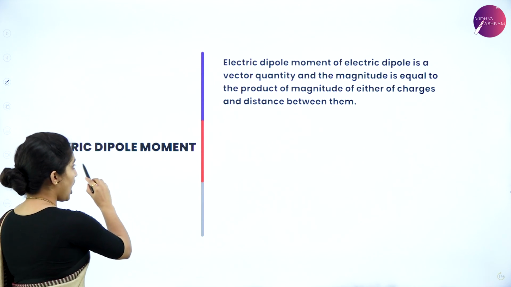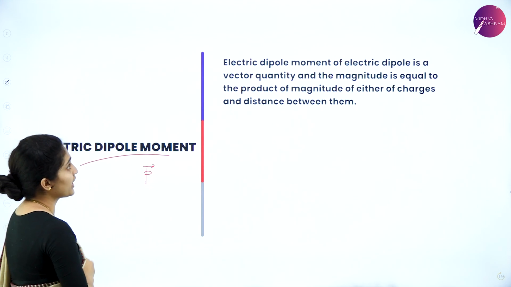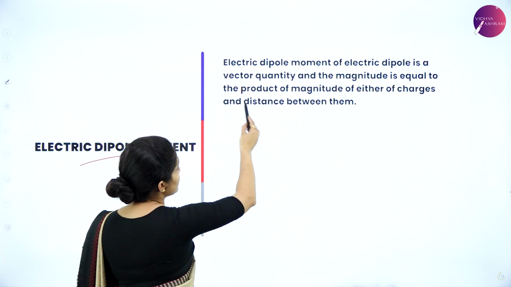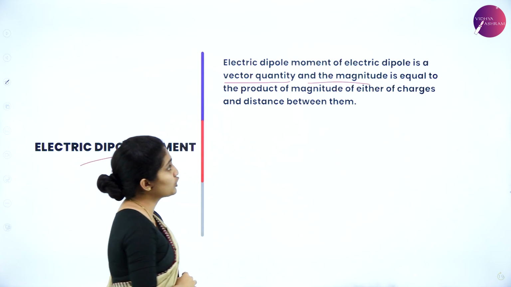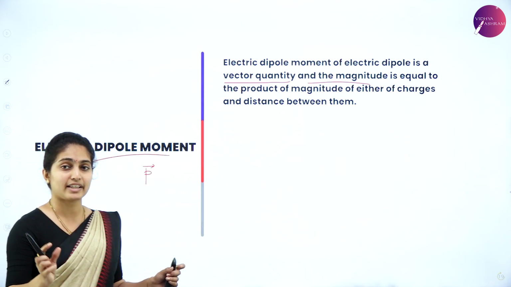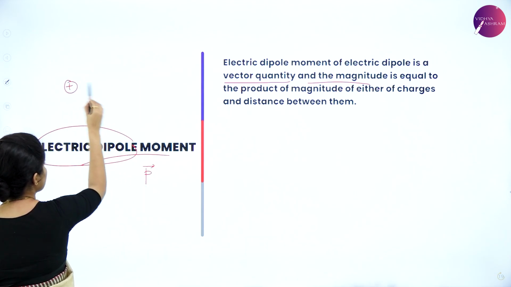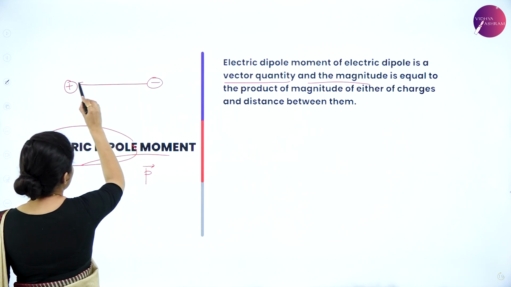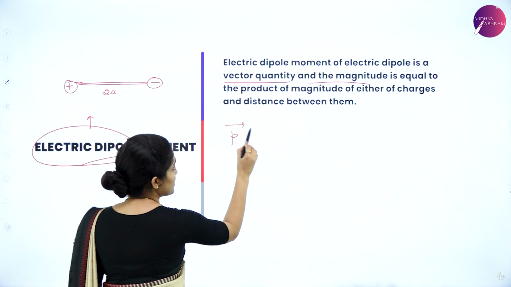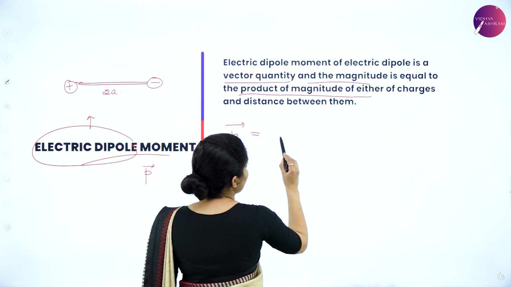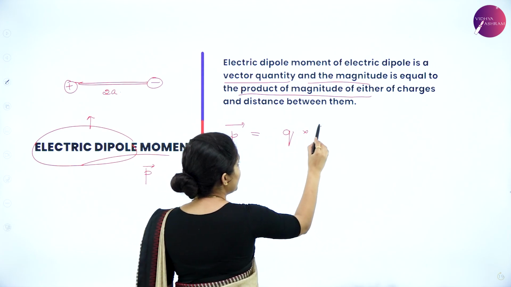Electric dipole moment. How do you give an electric dipole moment? Moment is given in terms of vector p. It is a vector quantity, and its magnitude is equal to the product of the magnitude of either of the charges, q, and the distance between them, 2a, that is q into 2a.